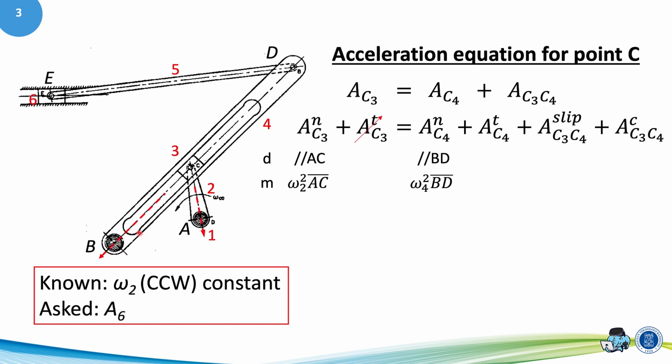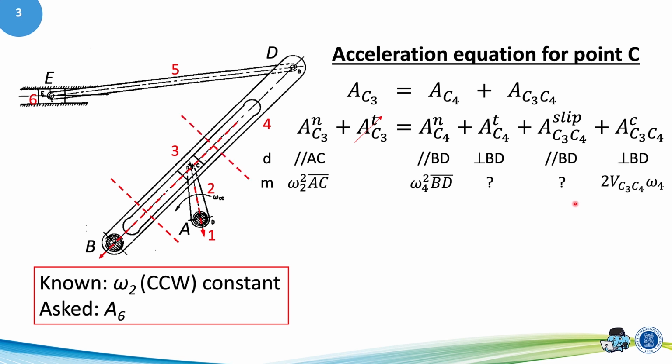That's why the direction of the AC4 normal always goes to the point B, and the magnitude is omega 4 squared times BD. And we know the direction of the AC4 tangential is perpendicular to the BD, and we do not know the magnitude. For the slip, AC3C4 slip, the direction is parallel to BD, and we do not know the magnitude.